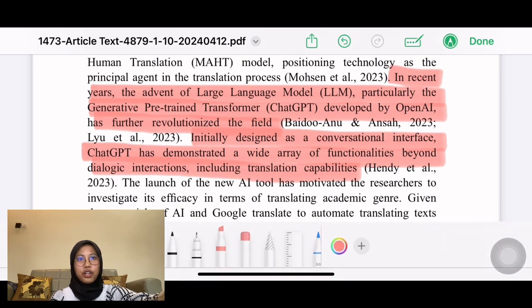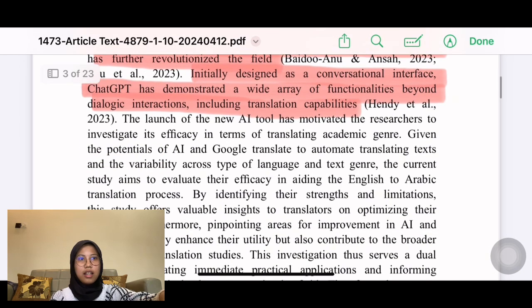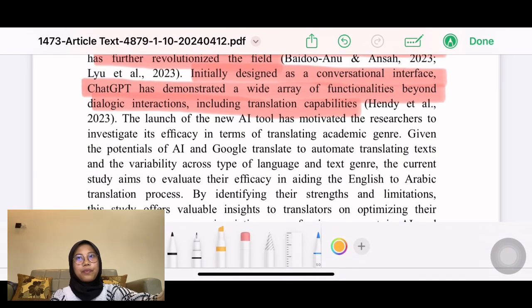Next, here we can look at the sentences. The author then states, "The launch of the new AI tool has motivated researchers to investigate its efficiency in terms of translating academic genre.